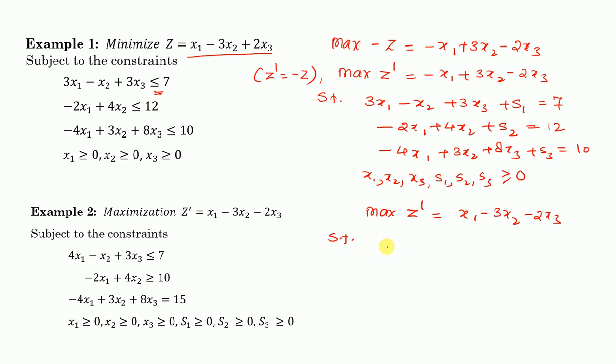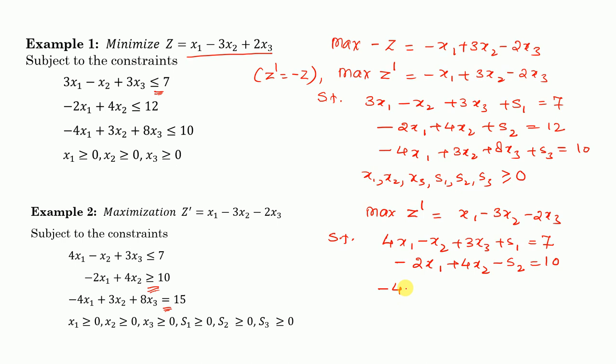Again the same as previous one, 4x1 minus x2 plus 3x3 plus s1, this equal to 7. Second one is greater than equal to 10. So we can write it minus 2x1 plus 4x2 minus s2, this equal to 10. Third one is already equal, so no need to change it. It will remain as it is.